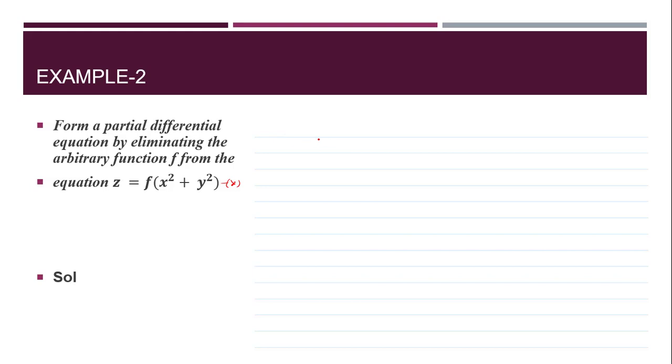So again the procedure is differentiating with respect to x. So if I differentiate with respect to x, del z by del x is equal to a function derivative of x square plus y square into twice of x, and if I differentiate with respect to y, I will get del z by del y is equal to function derivative into, now this time with respect to y, so I will get 2y.